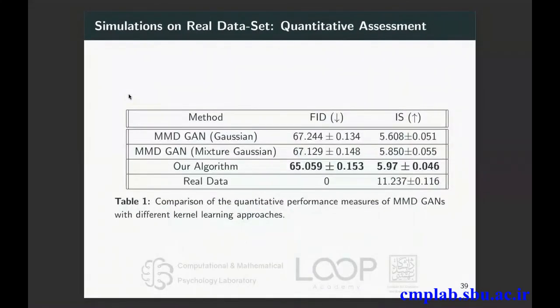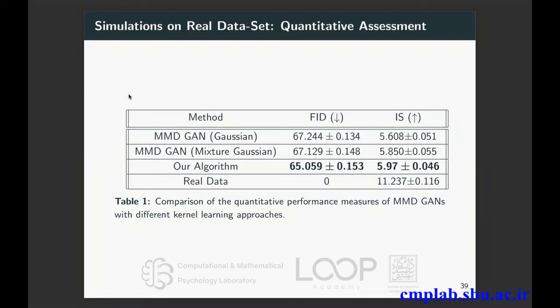There are also some quantitative performance measures for GANs that determine whether the images I showed you are good or not. These are the inception score and the FID score. For the inception score, higher shows a better result. For the FID score, lower means that the results are visually better.